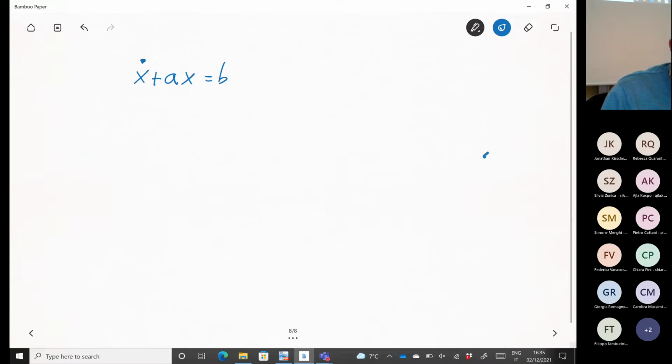And the solution was xt equal to x0 minus x star times exponential minus at plus x star, where x star, based on the parameters of the differential equation, was equal to b over a.